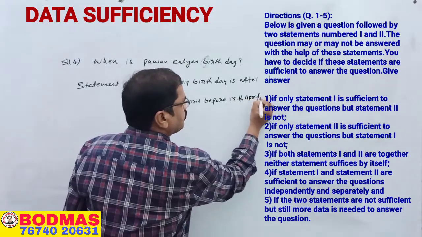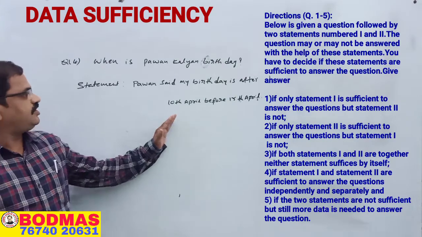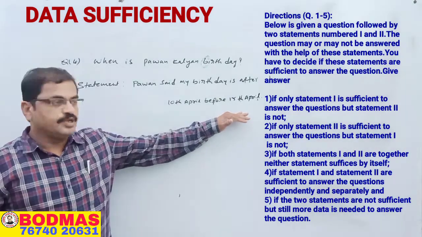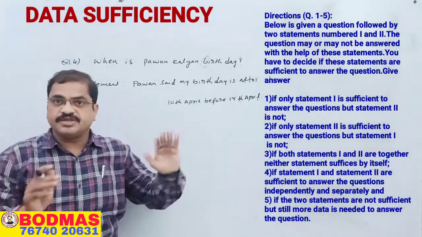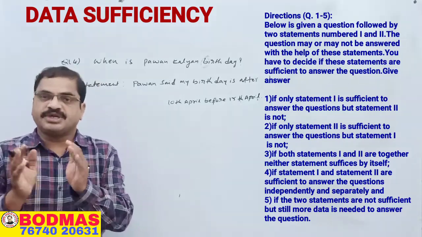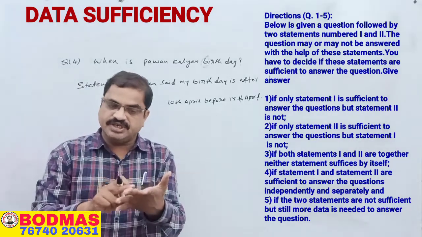So Pawan said my birthday is after 10th April and before 15th April. That means his date of birth is between 10 and 15, either 11, 12, 13 or 14.